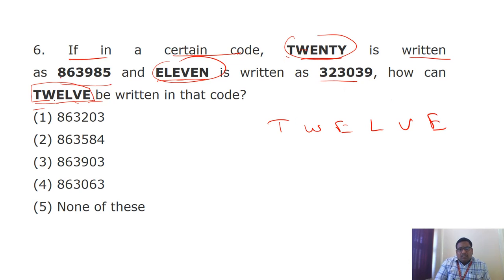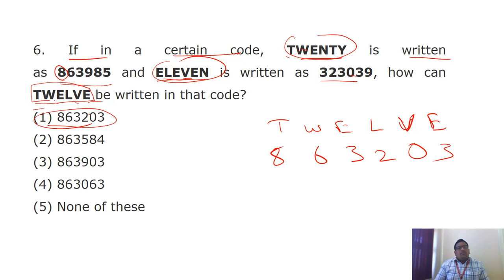Here T stands for 8, W stands for 6, E stands for 3, L stands for 2, V stands for 0, again E stands for 3. 863203. 863203. Option 1 is my answer.